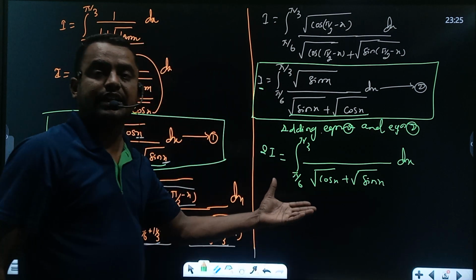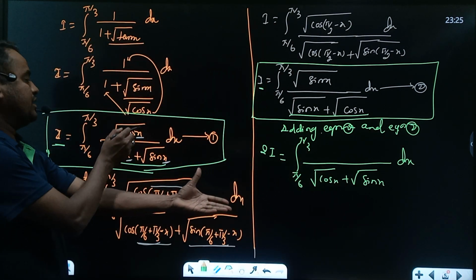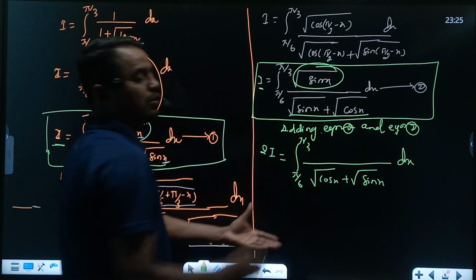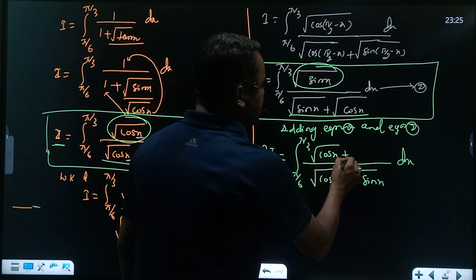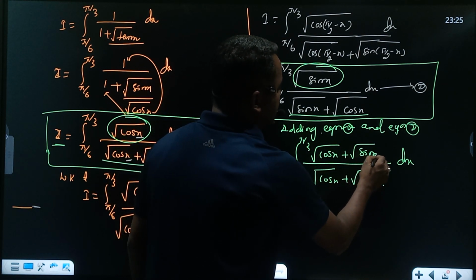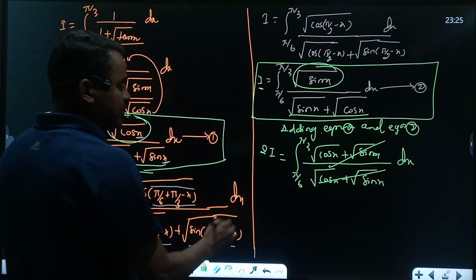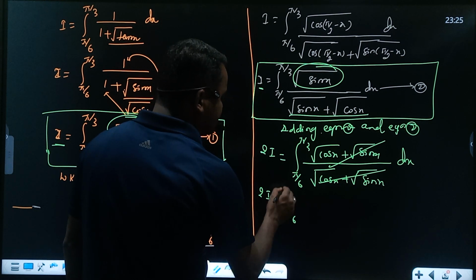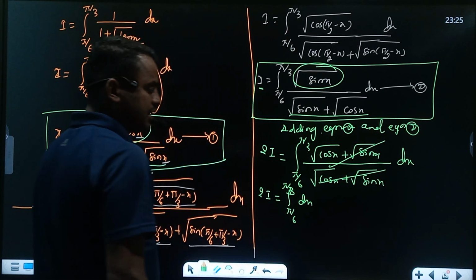If the denominator is the same, we add the numerators. The numerator of equation 1 is root cos x and of equation 2 is root sin x, so root cos x plus root sin x, dx. Cancel this. Then 2I is equal to the integration from 5 by 6 to 5 by 3 of dx.